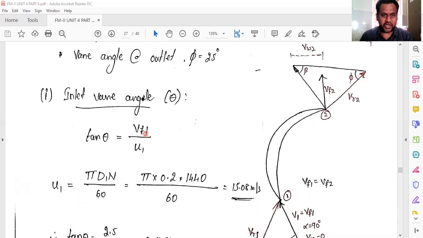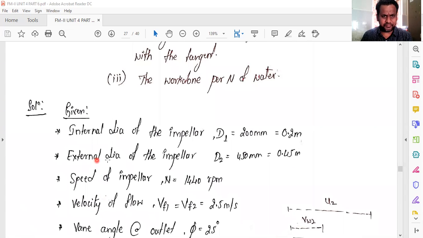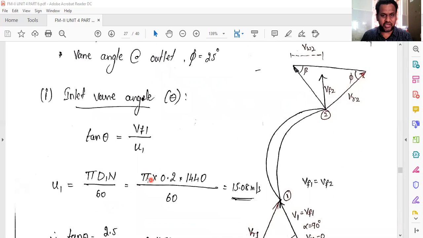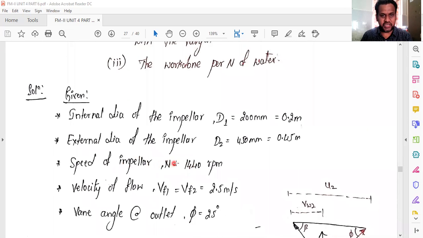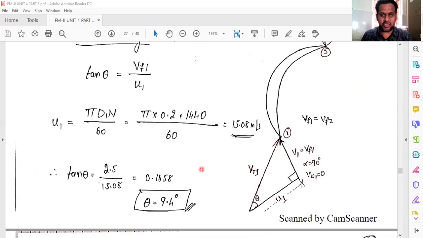So U1 is equal to pi into D1 into N divided by 60, where D1 is the internal diameter of the impeller, that is 200 mm, so 0.2 meter. So you can write pi into 0.2. N is the speed of the impeller, that is 1440 RPM, divided by 60.